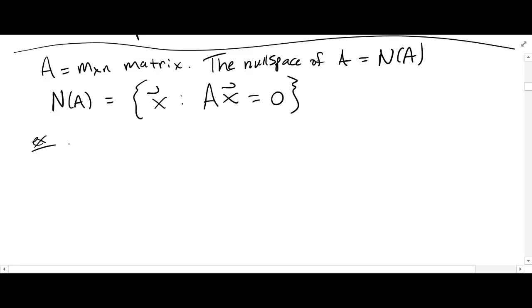For example, if A is this matrix, [1, 2; 2, 4].